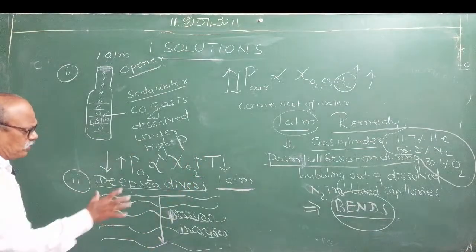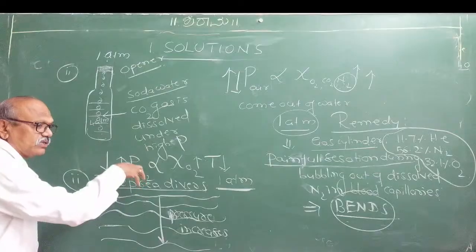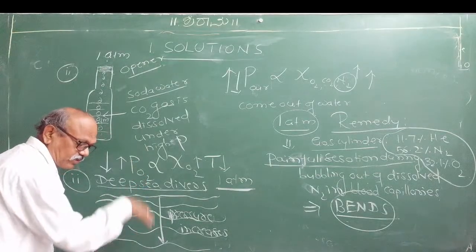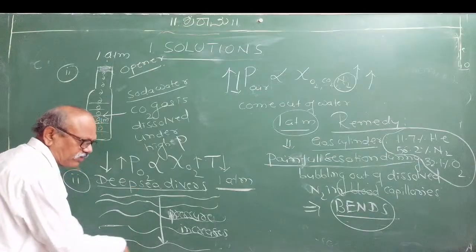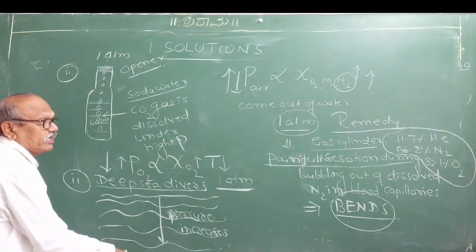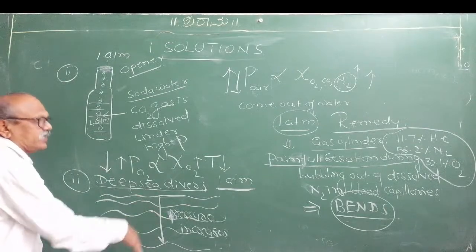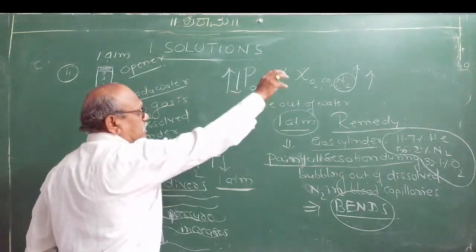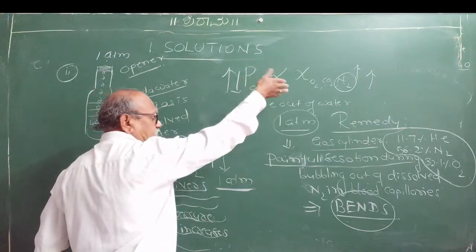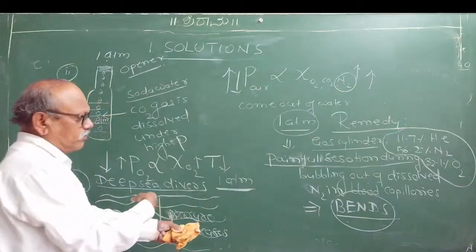Once again, let me repeat. When deep sea divers go into the deeper layers of the ocean water, due to the high pressure there, as the pressure increases, more and more nitrogen, because nitrogen is 70% of air, is dissolved in blood.